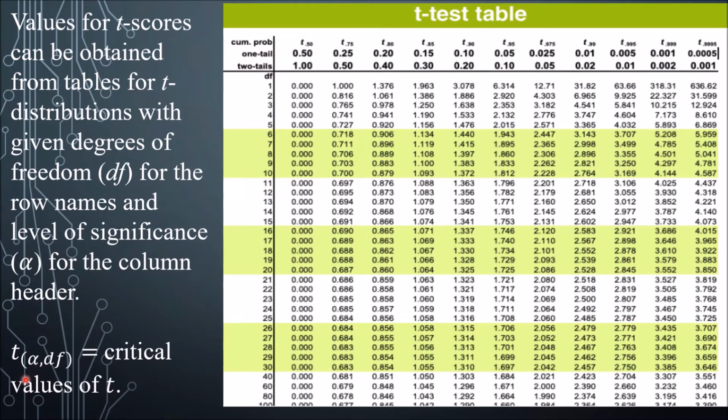Now t with alpha and degrees of freedom is called the critical values of t. When we say critical values, these are the values that define the boundary of the level of significance.